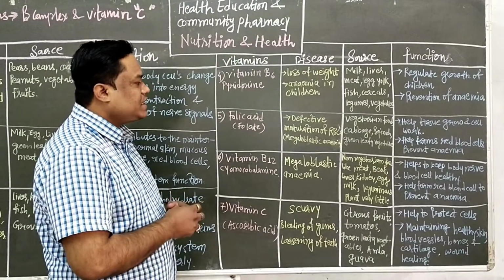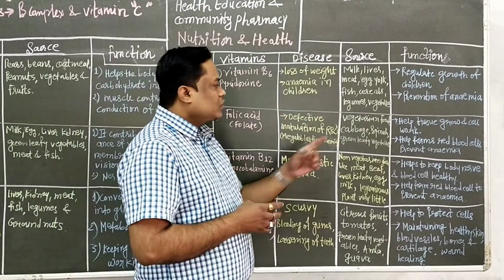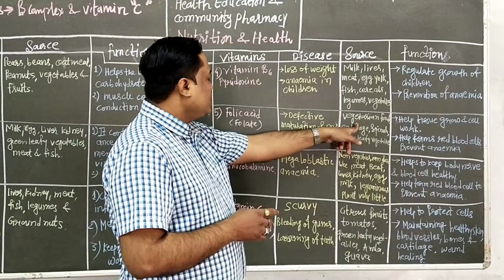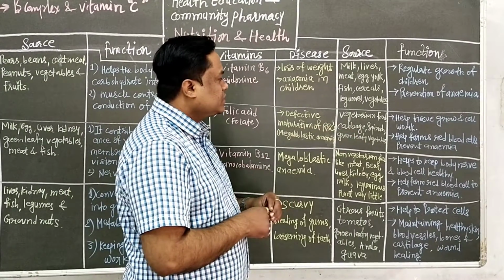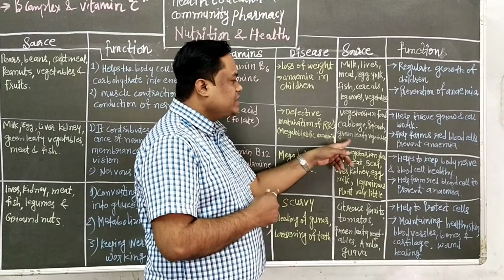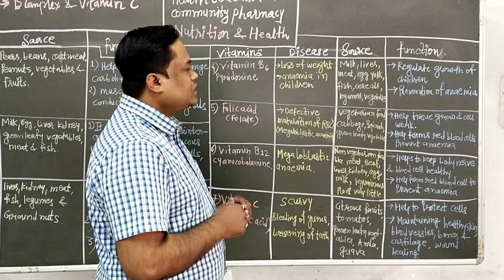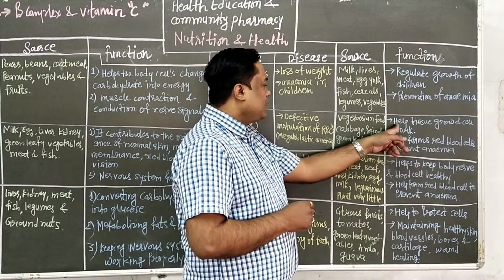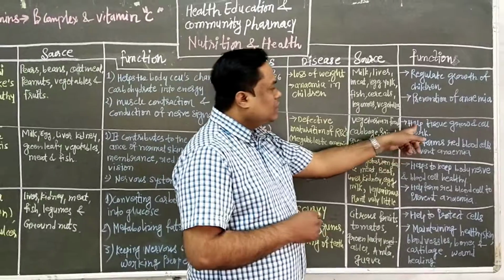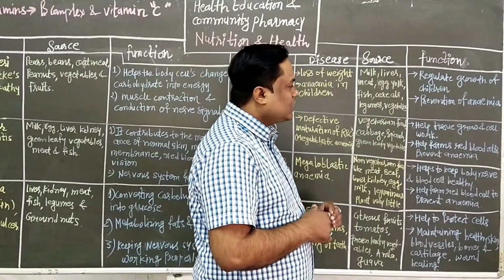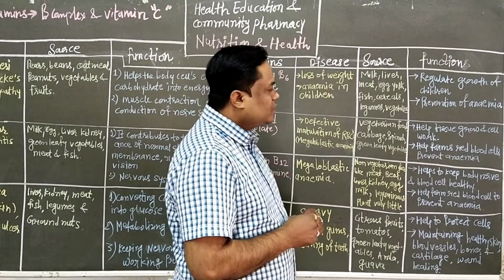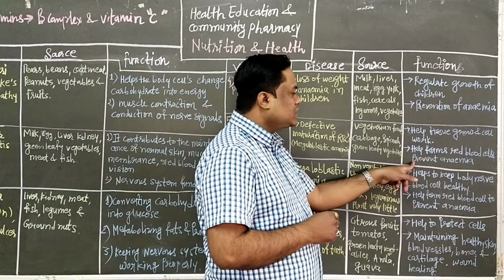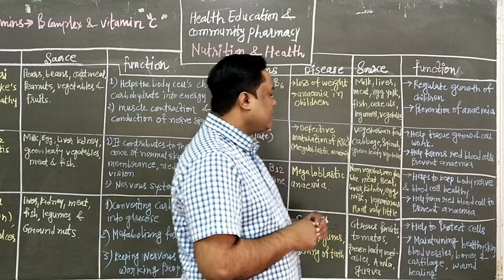Then sources: it is mostly present in vegetarian foods, that is cabbage, spinach, green leafy vegetables, etc. And what is the function? The function of folic acid is, first, to help tissue growth and cells work, and second, to help form red blood cells to prevent anemic conditions.